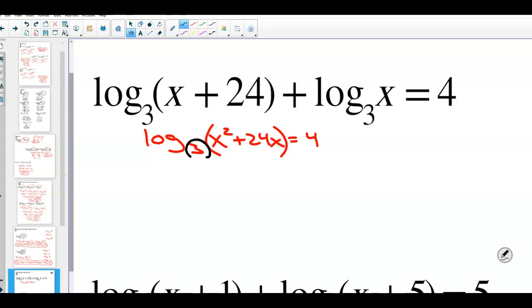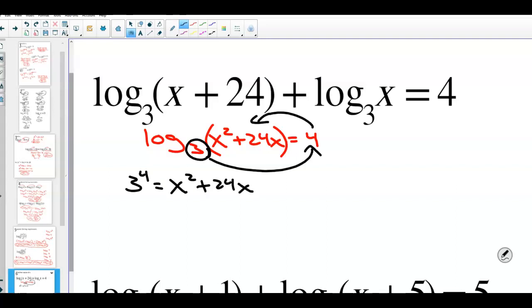And the base raised to the exponent equals the x squared plus 24x. Okay? We go back to when there's a log on one side. What do you do? It's 3 to the 4th equals x squared plus 24x.